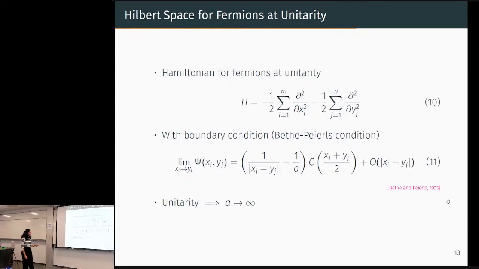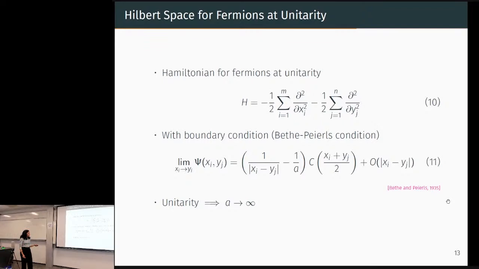You take the usual free Hamiltonian, so just the sum of kinetic energies, and then impose a boundary condition on the wave function, known as the Bethe-Peierls boundary condition. More specifically, when two fermions come close, the wave function should go as 1/r, the distance between the two fermions, plus a regular piece.